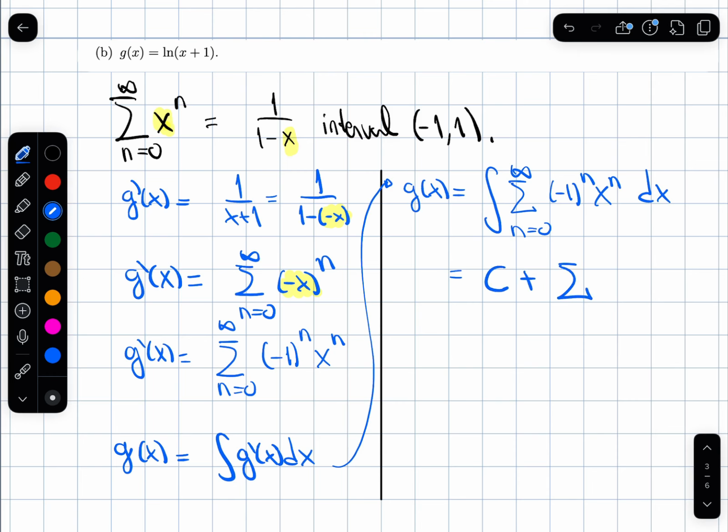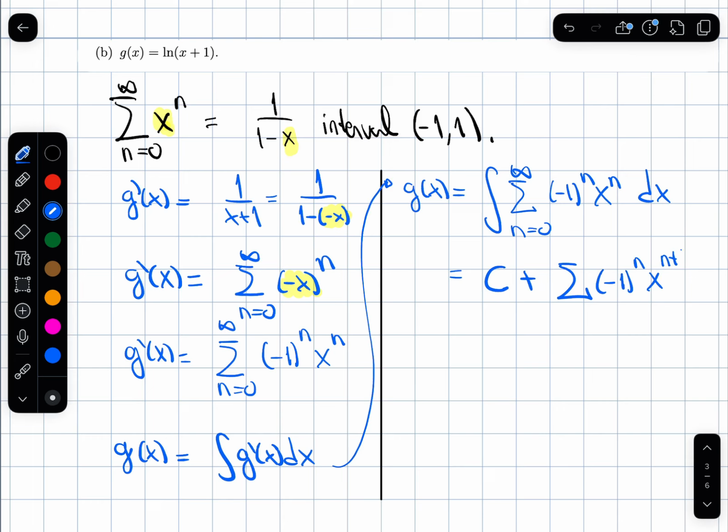Usually the plus c goes at the end, but because we're using power series, it's more traditional to write the plus c before the summation symbol, so that you don't think that the plus c is inside of the summation. So you don't keep adding plus c, plus c, plus c, making the series diverge. So you would just do the plus c on the outside before the summation here. That's most common.